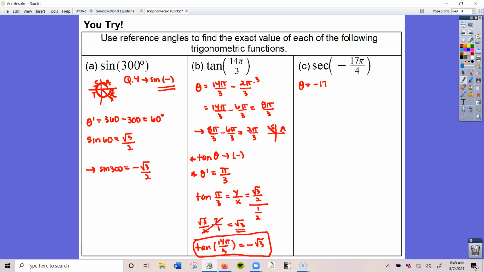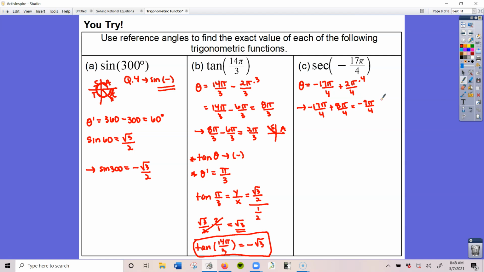So we have negative 17 pi over 4. So I need to add 2 pi, which I need to put over 4. So I'm going to multiply 4 to the numerator as well. So this is going to be negative 17 pi over 4 plus 8 pi over 4, which will give me negative 9 pi over 4.